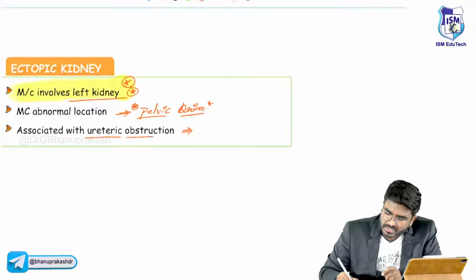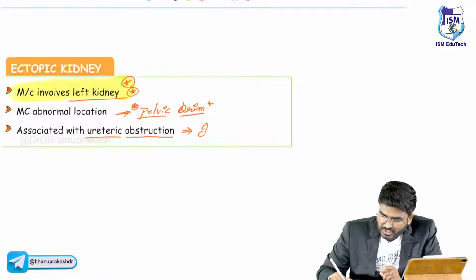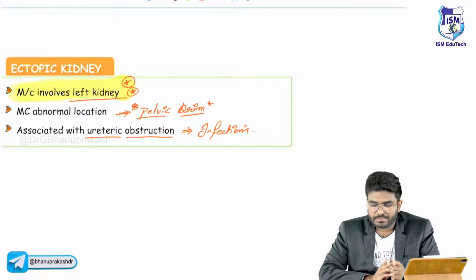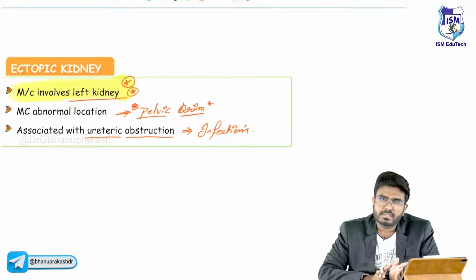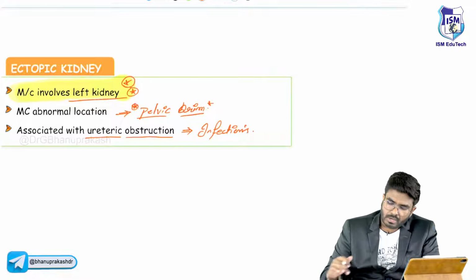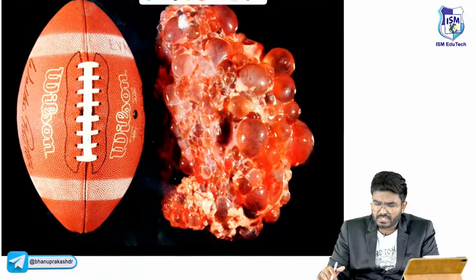Ureters are going to be obstructed because of such ectopic kidneys, and that can lead to urinary tract infections. The most common kidney involved in ectopic kidney is the left kidney, and the most common site is the pelvic brim. Now after this, let me show you one more condition.